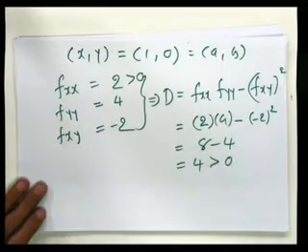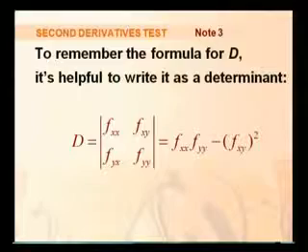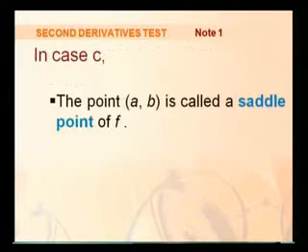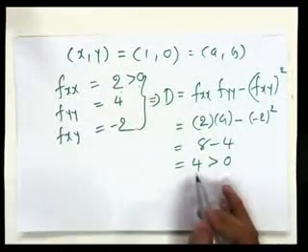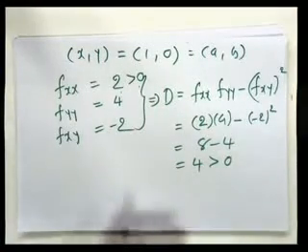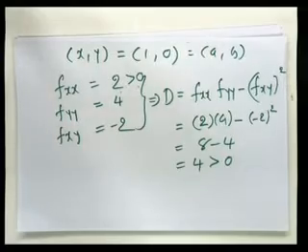Okay, so if we look at the PPT, our case says that if D is greater than 0 and fxx is greater than 0, then f has a local minimum at the point. So here we have fxx greater than 0 and D greater than 0, so the function has a minimum at the point (1, 0).